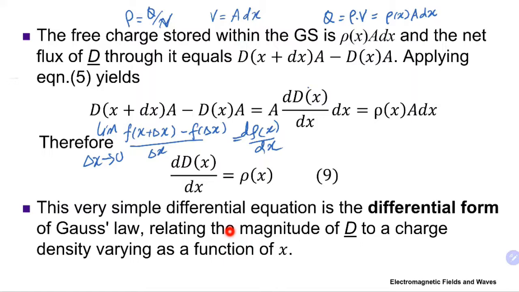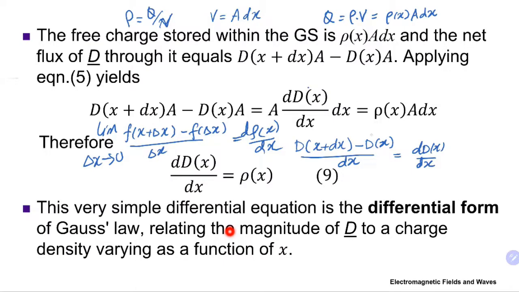So the same thing here: D(x+dx) minus D(x) over dx, and that is our dD over dx. That's our differentiation equation. And because we divide one side by dx, we have to multiply it so that they are the same thing.